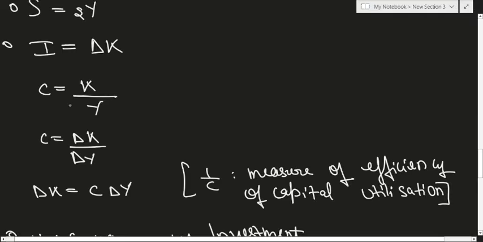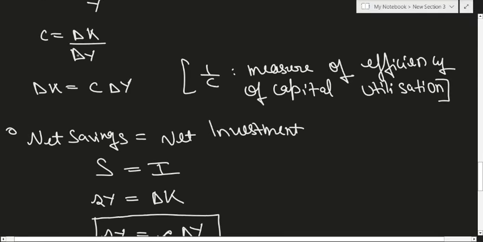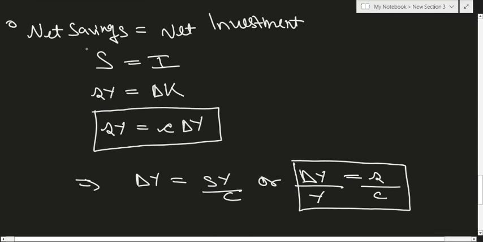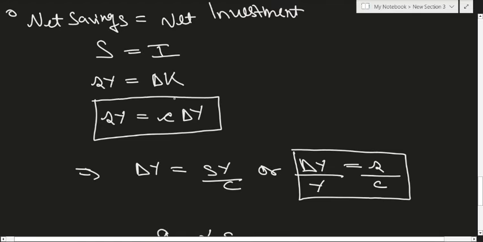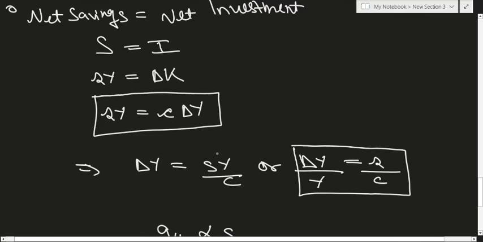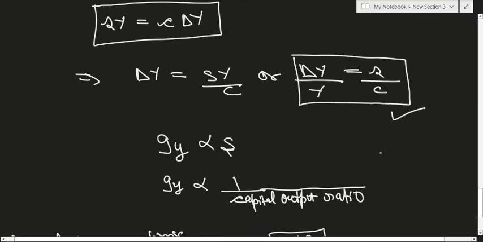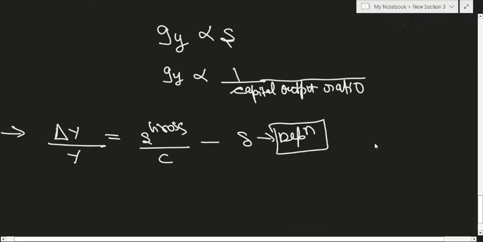The capital output ratio we denote by C, and taking derivatives, delta K by delta Y equals C. Due to the identity of net savings equals net investment, we equate S equals I. We write S as s into Y and I as delta K. From our earlier analysis, delta K equals C into delta Y. So we rearrange the terms, divide both sides by Y, and we get this term. This is the key equation of the Harrod-Domar model.